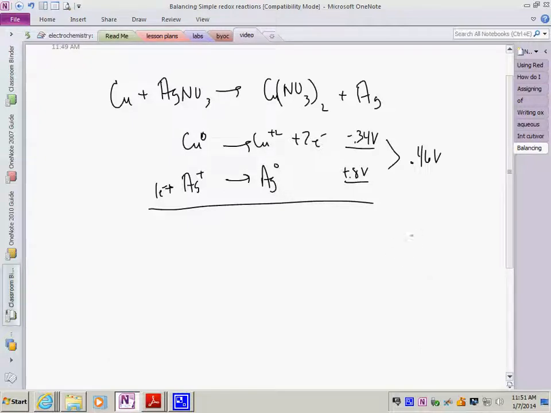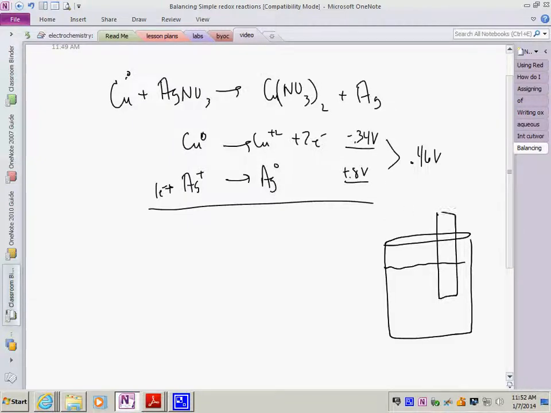So we'll just draw a little picture of this. This is a before picture, this is an after picture. So before, we have a stick of copper metal, and we have silver ions in here, Ag+, and a nitrate, just floating around on its own, like that.